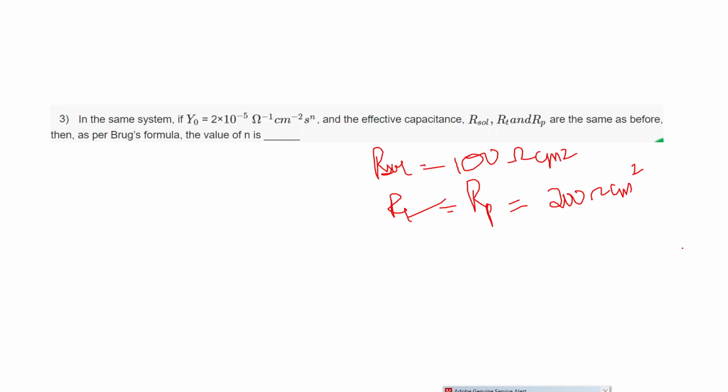Your CDL value is also given, the same as in the previous question. You're supposed to find out the n value. So it is 15.8 microfarad per centimeter square.